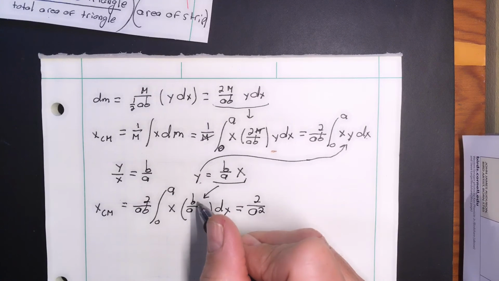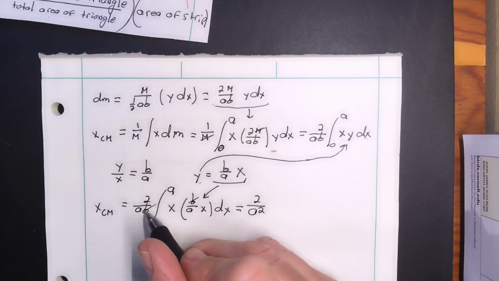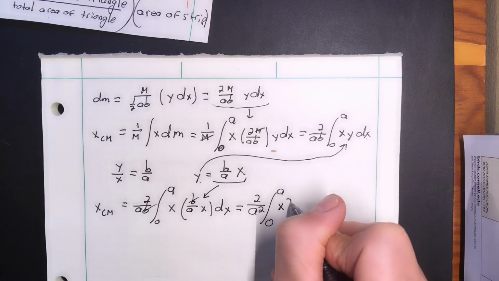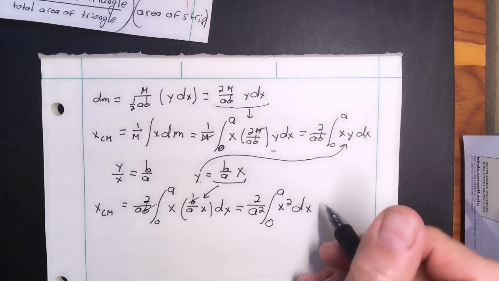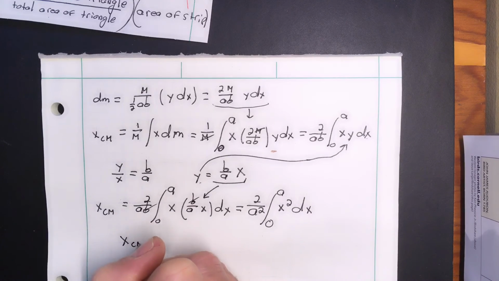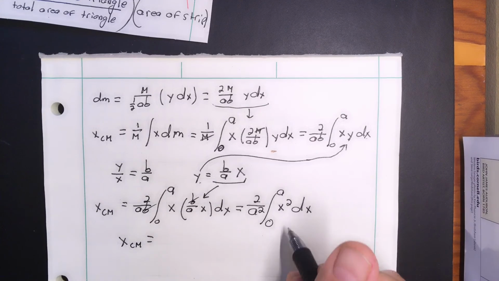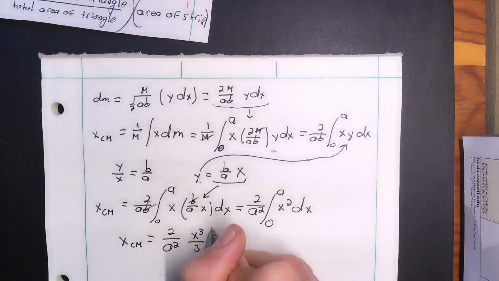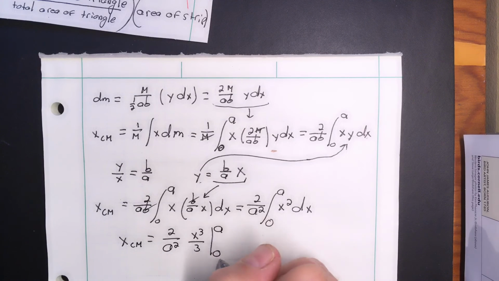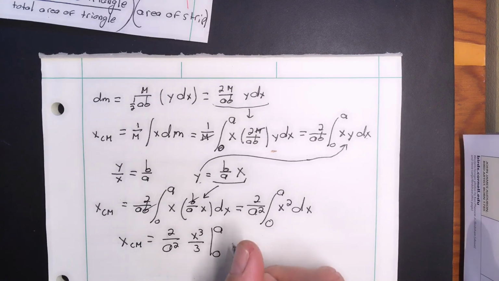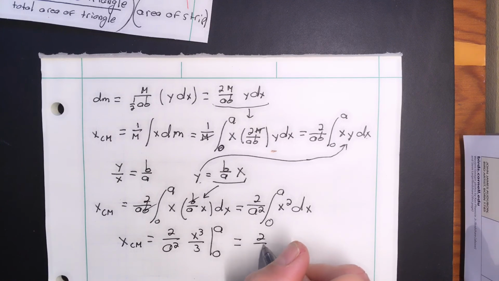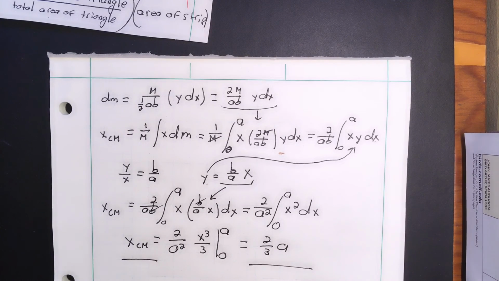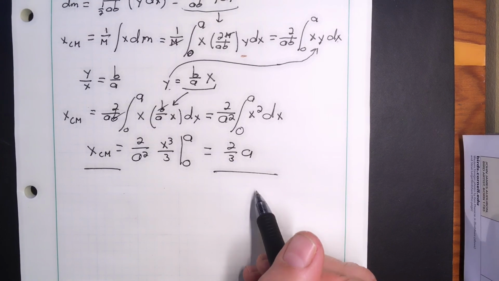Because the b's go away, they're constants, and the a ends up getting squared. 0 to a x squared dx. And when we do that integral, we get 2 over a squared, x cubed over 3, evaluated from 0 to a. 0 is just going to give us 0 result. So this is going to equal 2/3 a. So that's the result in the x direction.